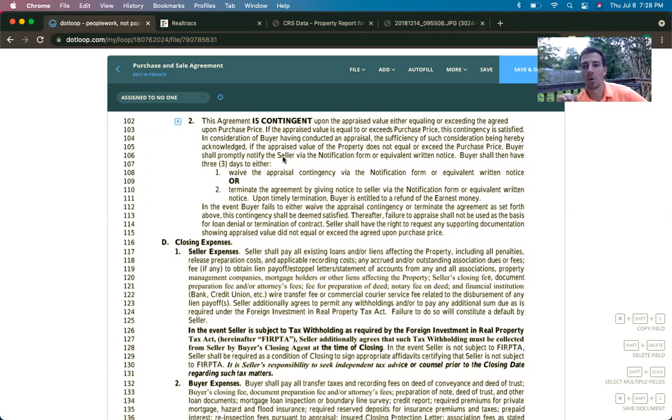Once the buyer lets the seller know, hey, the home did not appraise, the buyer can do one of two options within the next 3 days. They can either waive this contingency and say, I'm good with it, I'll move forward with the contract, or they can terminate this agreement by giving notice to the seller via the notification form or equivalent.